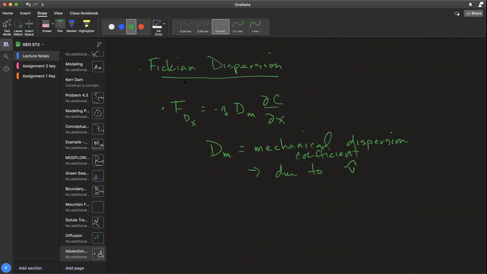We've assumed that it's normally distributed, and we had to do that in order to get Fickian dispersion, which is convenient because it looks just like diffusion.